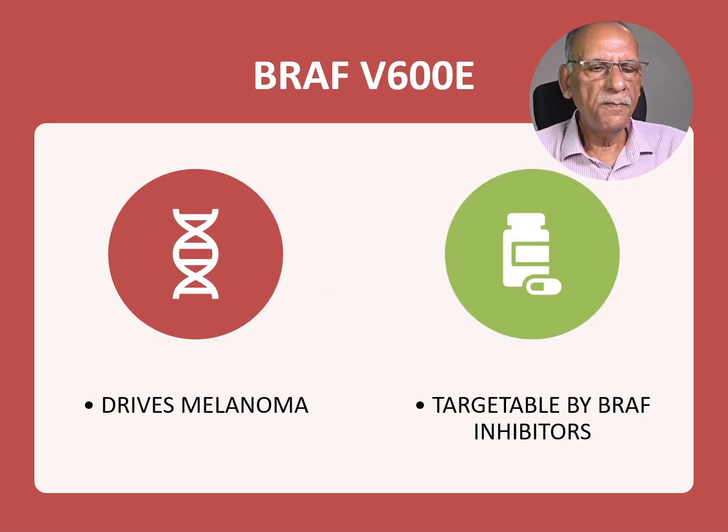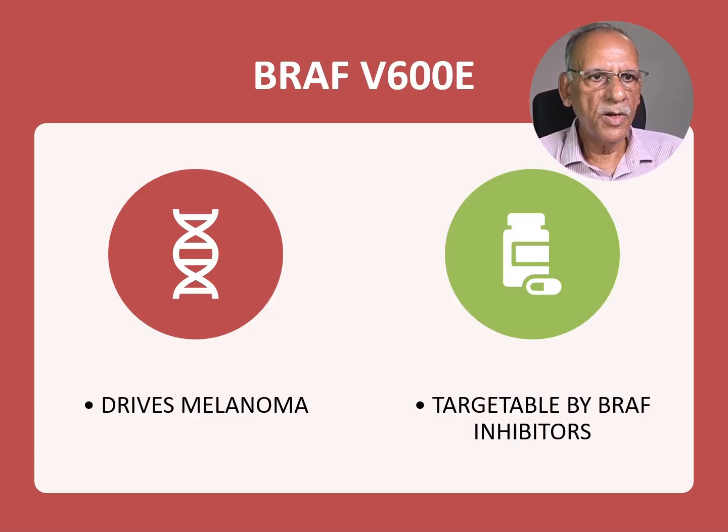Similarly, in BRAF, a mutation occurs where one amino acid is changed at the 600 position, valine becomes glutamic acid. This drives melanoma, so it is targetable by inhibiting this particular oncogene. Some inhibitors are available.